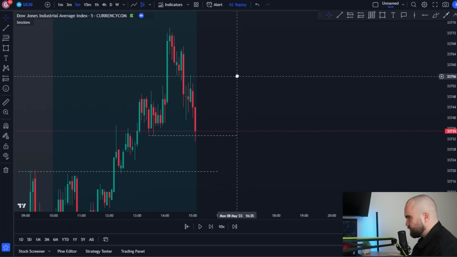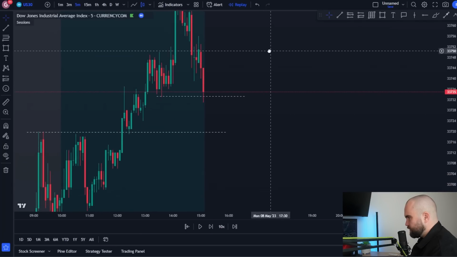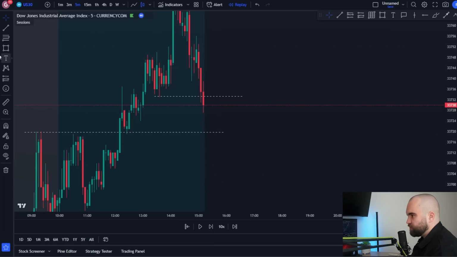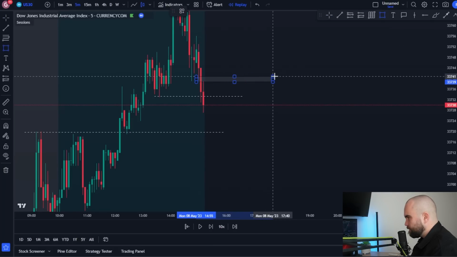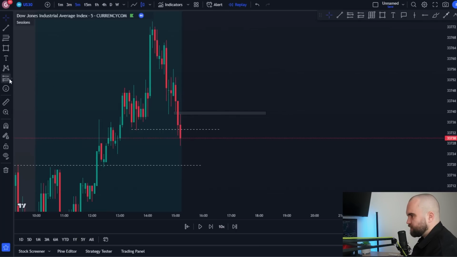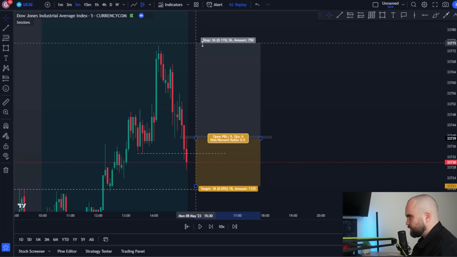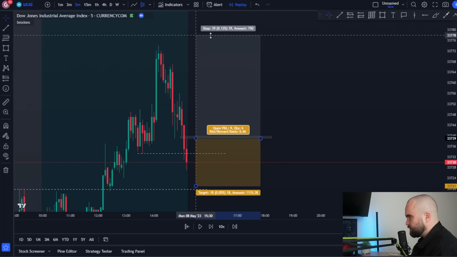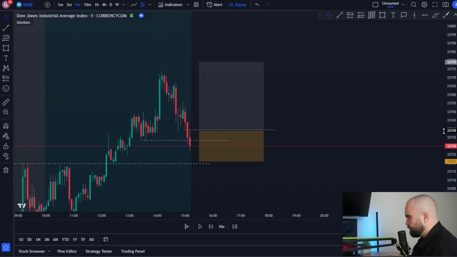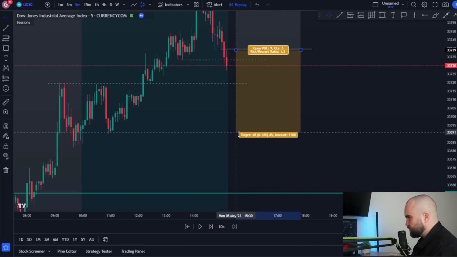It's tapped into this zone here. So let's see if we get a gap. There is a small gap here. Let's see if we can get into a position, because this meets our criteria. Again, 5 pips for breathing room, and we're targeting 1 to 2 risk reward.